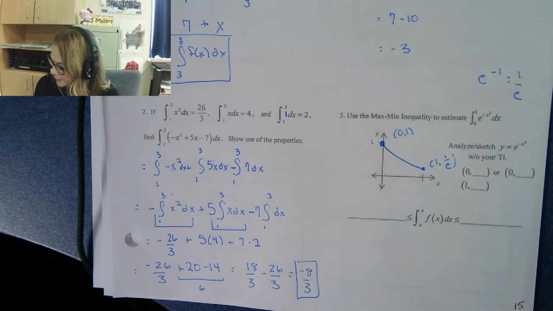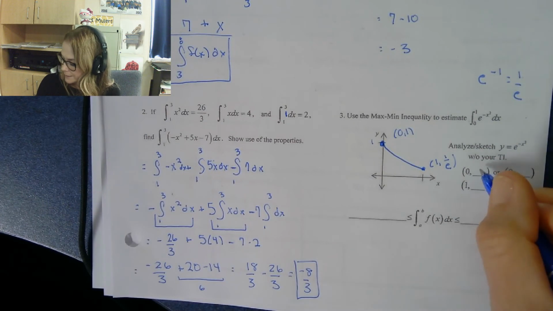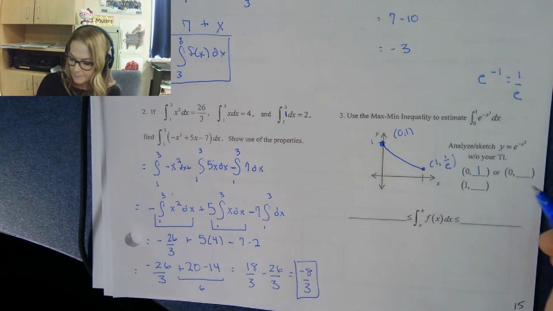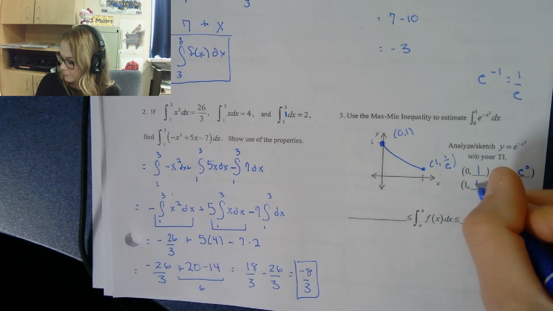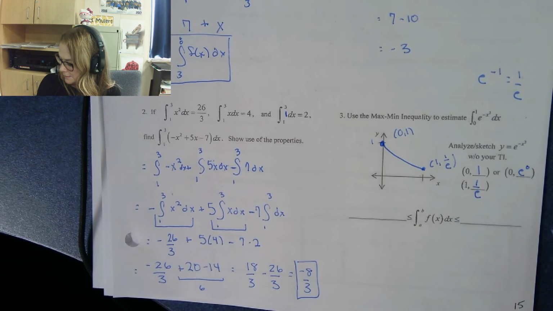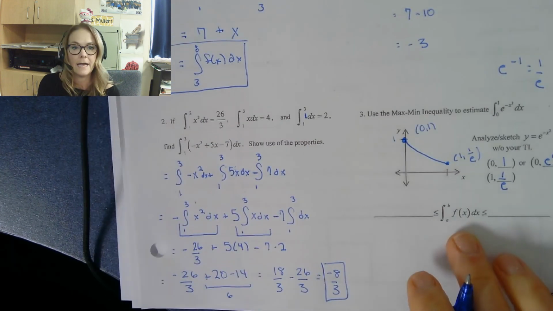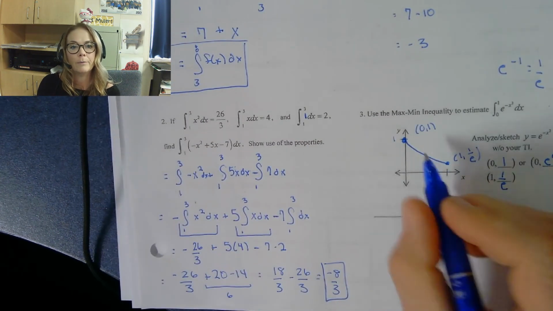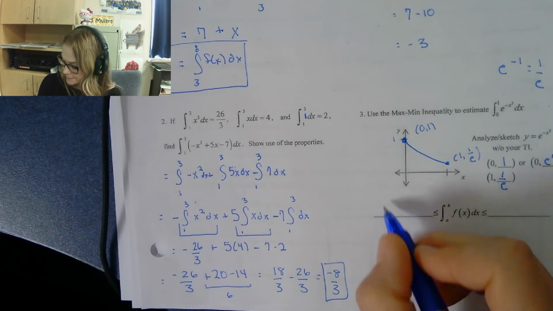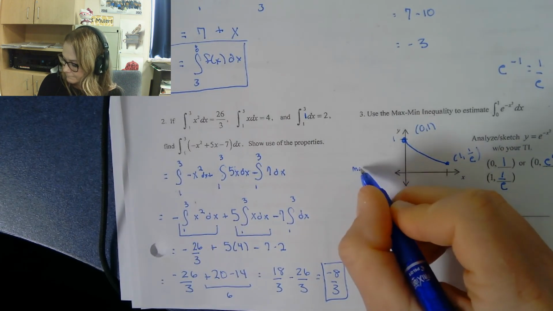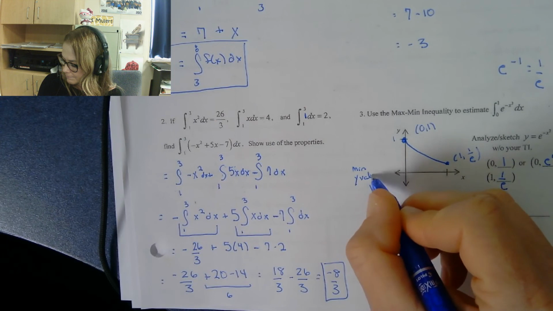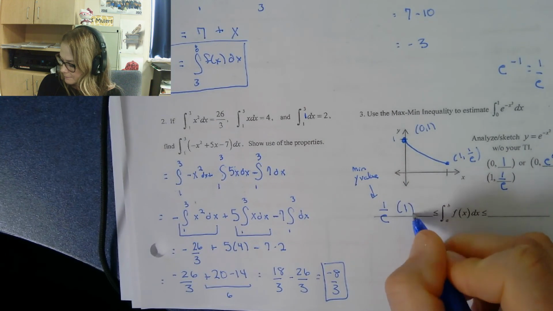Area under, so analyze and sketch. We don't need our TI here, we got 0, 1, which came from e to the 0, and then 1 and 1 over e. So I can estimate that. I know the exact area under this curve will be this lowest point, that's the minimum y value, times the length.